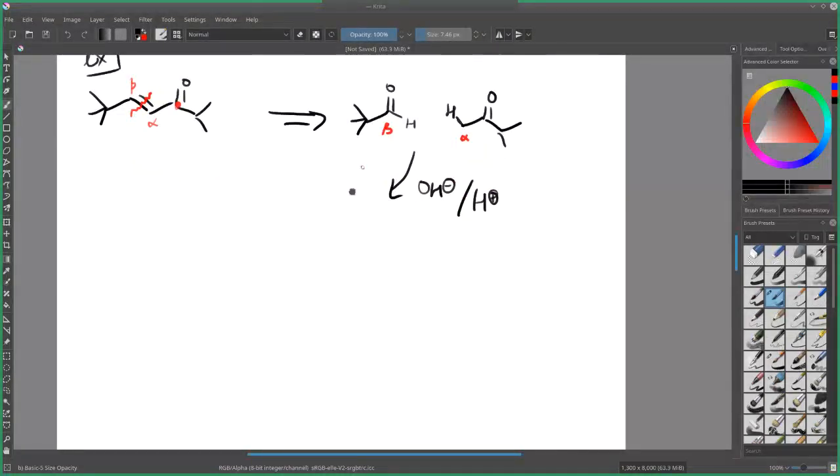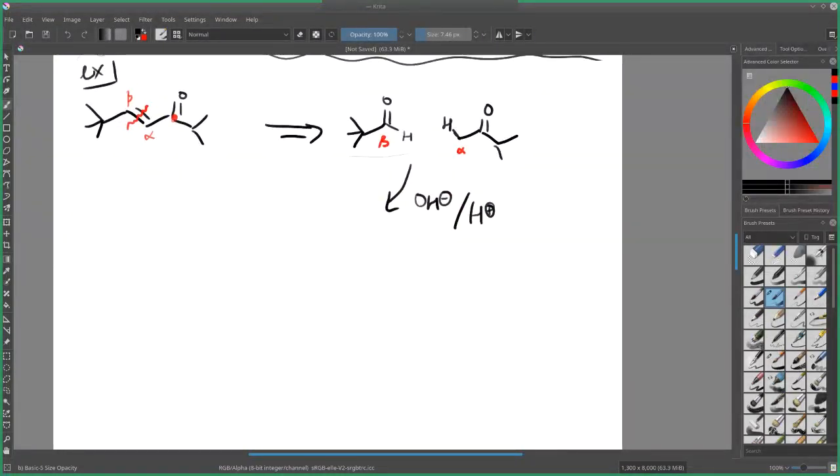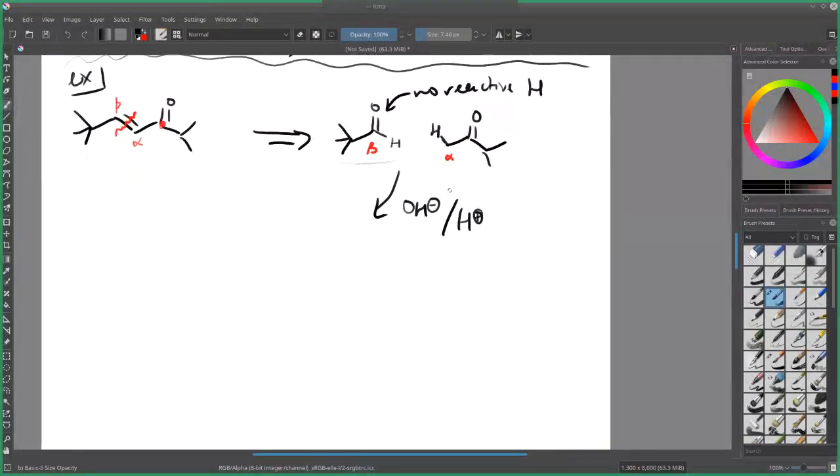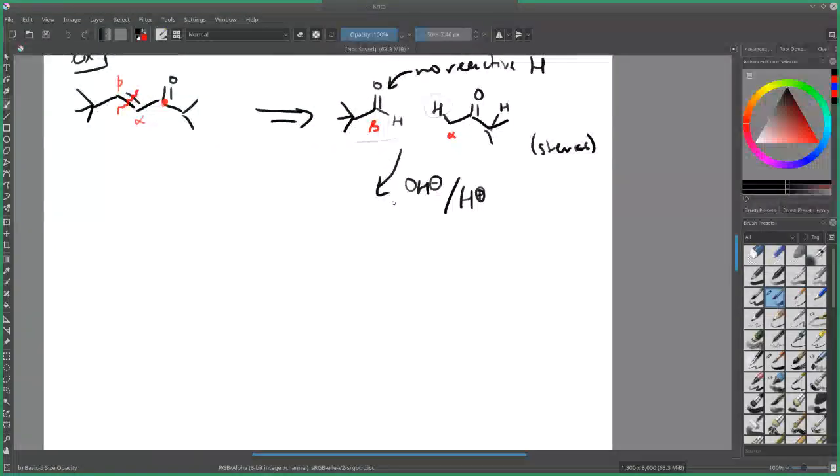This thing has no reactive hydrogens. So this one won't do anything, the one on the left, whereas the one on the right has two reactive sites. But because of sterics, in this case, we're going to use the one that's over here on the left because it's less hindered. It'll be the much better nucleophile in this case.